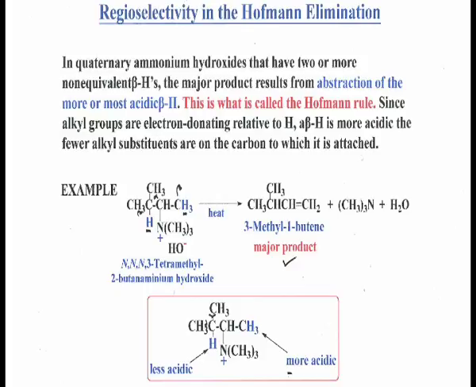So, the more acidic hydrogen will be on the less substituted one, and you get the major product as this one. That is why the Hofmann product, the regiochemistry, regio means region, which region the double bond will come, in the terminal one, less substituted one, or the more substituted one, that is either the Regiochemistry product or the Hofmann product.